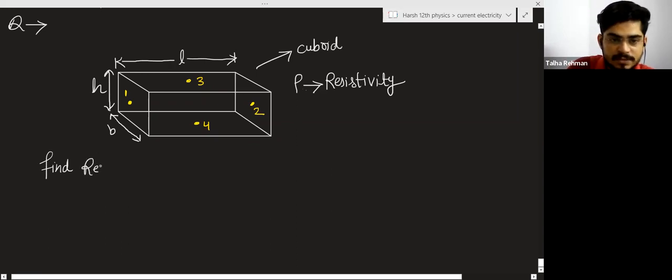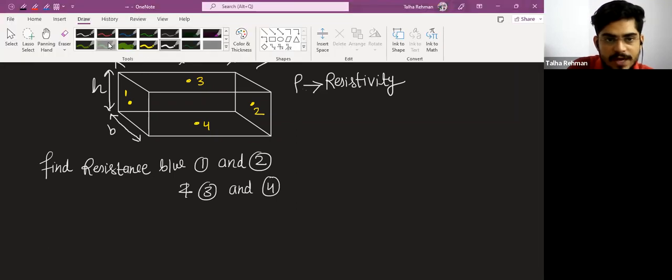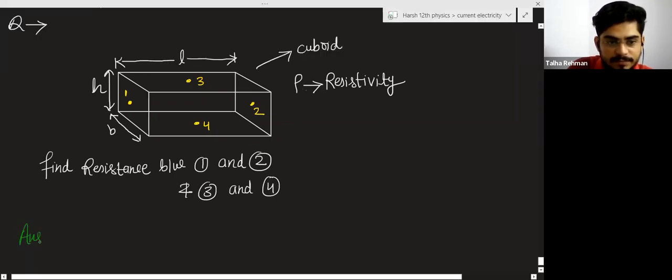Find resistance between points 1 and 2 and points 3 and 4. Now we will use the formula R is equal to rho L by A. This is the first question. This is the second question.